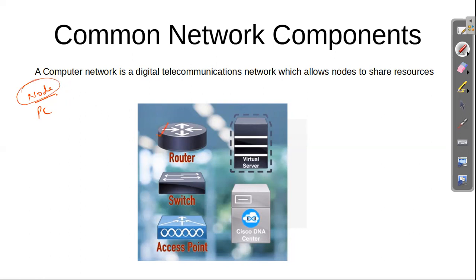Router is a node, switch is a node. Access point is used to connect the Wi-Fi devices. DNS servers and virtual servers we are using in a network. But node means routers, switches, and also PCs. So all are called nodes.